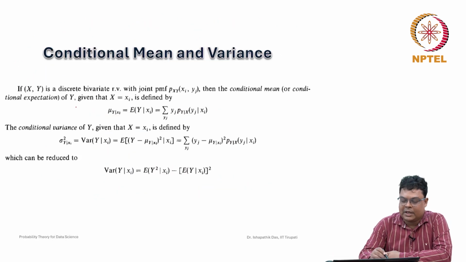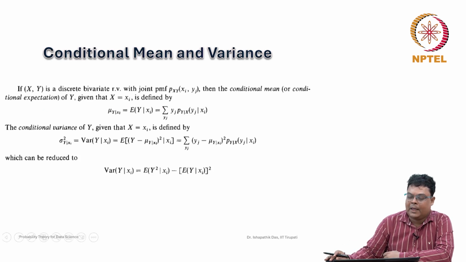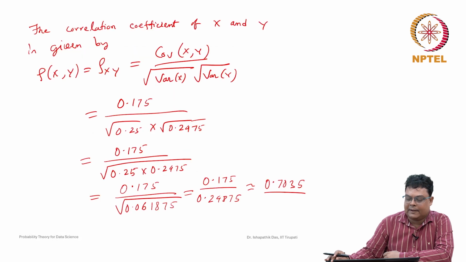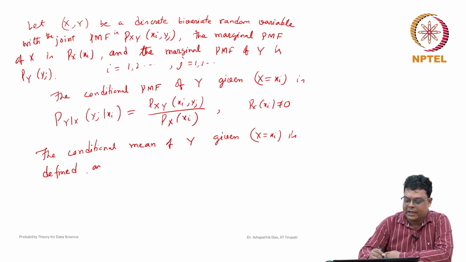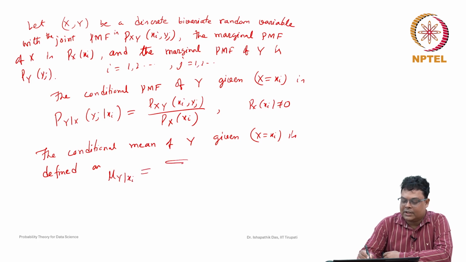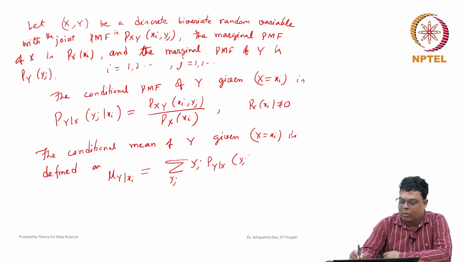Given that X equals xi, the conditional mean, or conditional expectation, of Y given that X equals xi is denoted by mu y given xi. It is nothing but the summation of all the values of yj multiplied by the conditional probability mass function of yj given X equal to xi.